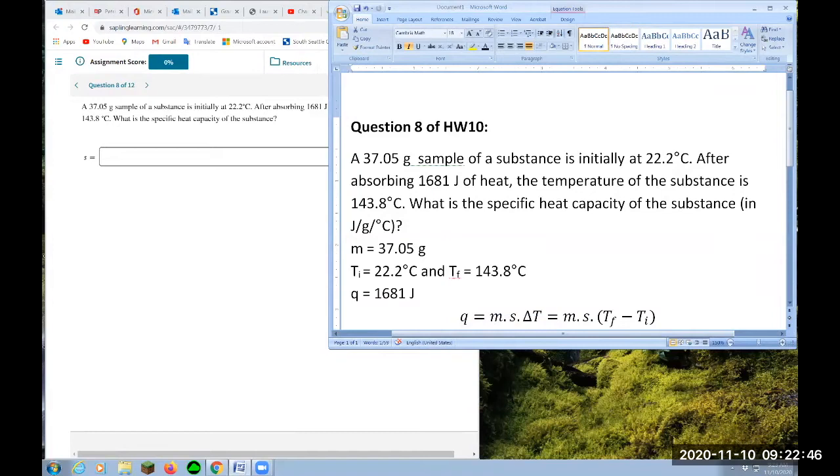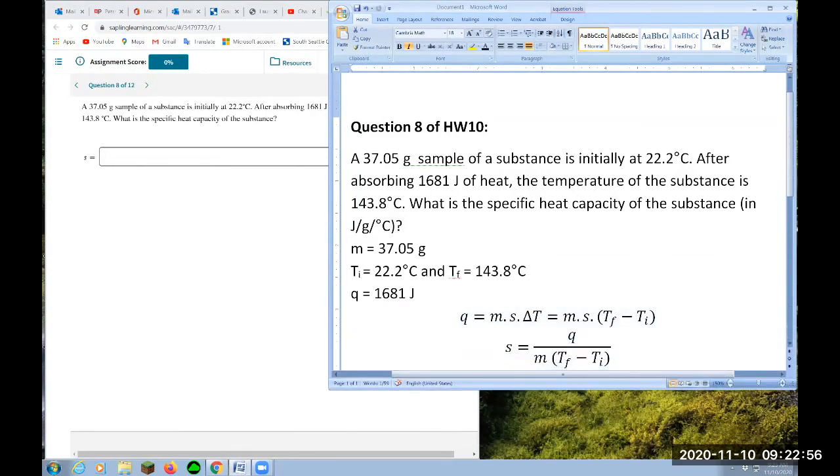So we solve for S, and that means you divide both sides of the equal sign by m delta T. So then it becomes S equals Q over m delta T, where delta T is Tf minus Ti. And so S, because it has m delta T multiplied to it, this will cancel out if you divide by m delta T. So then S is by itself on the left here.